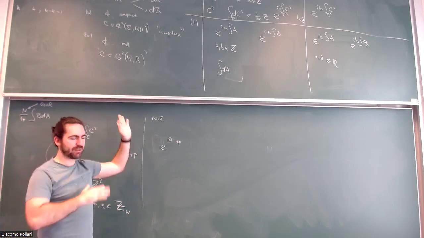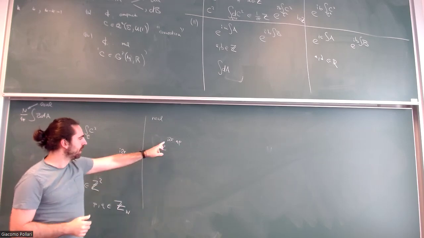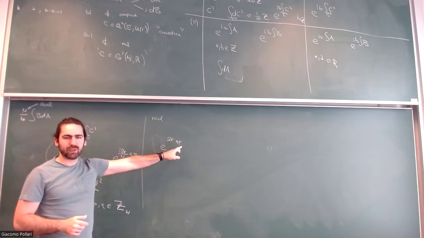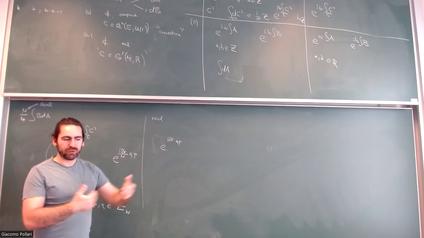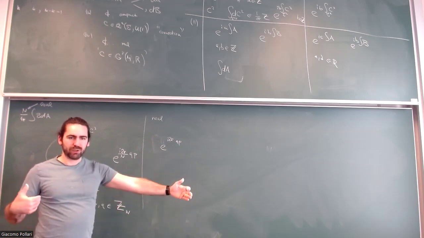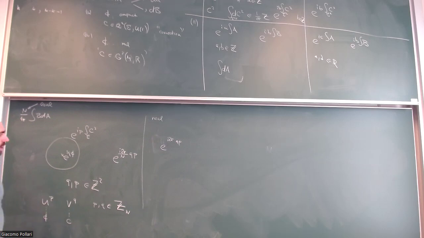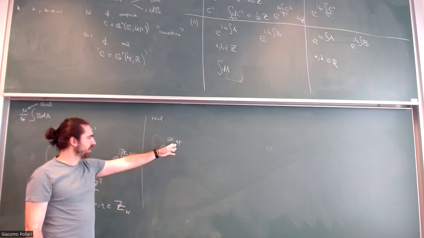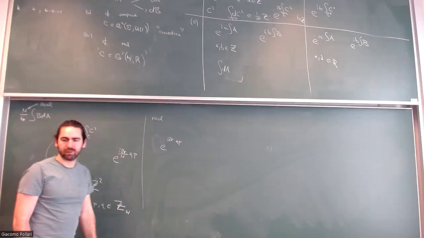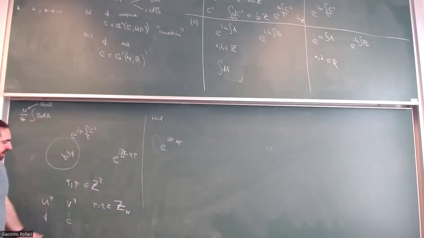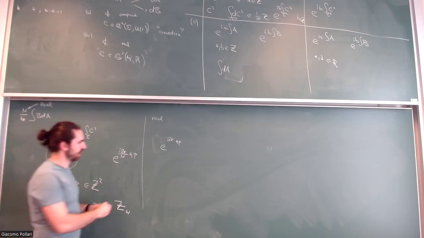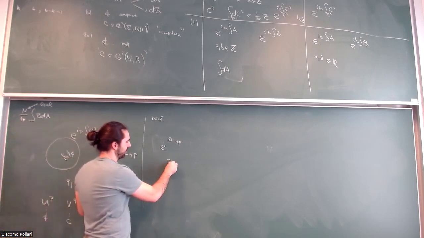Here the level doesn't matter, and you just have this. Some of them link, some of them don't link. So there's nothing to be said here, there's just R times a number.